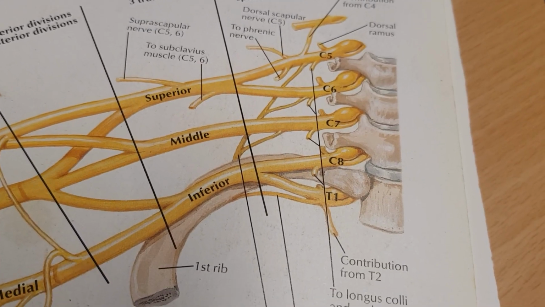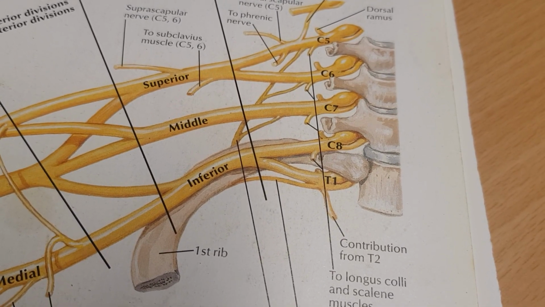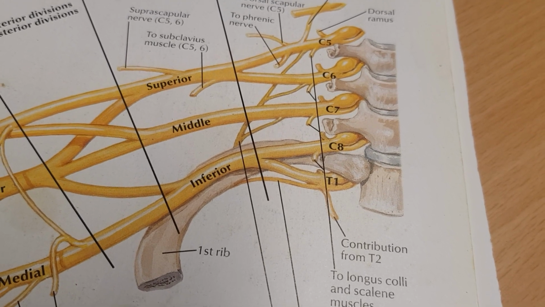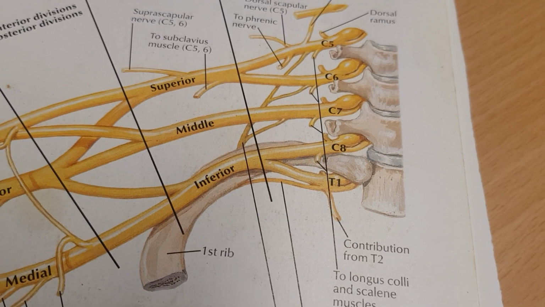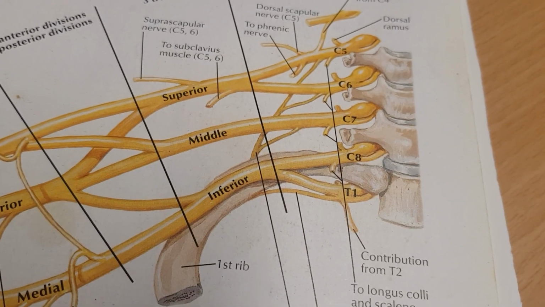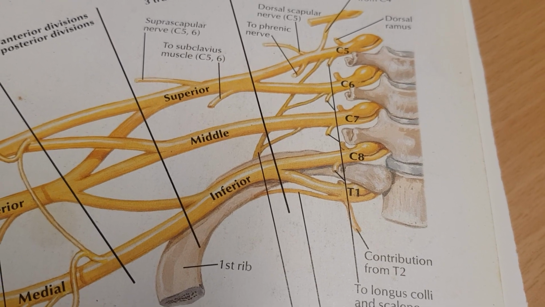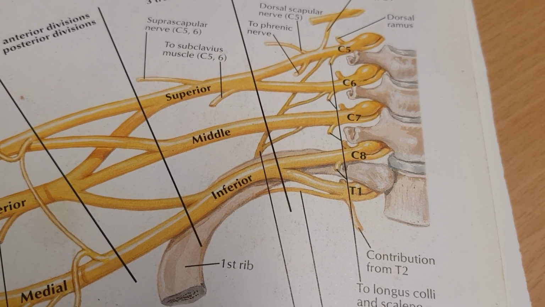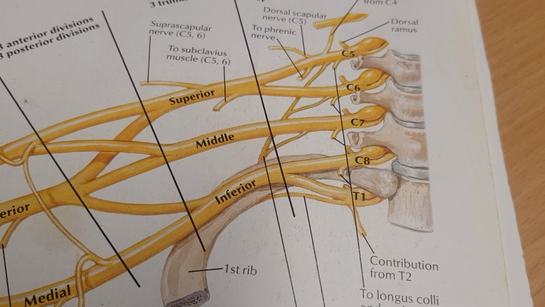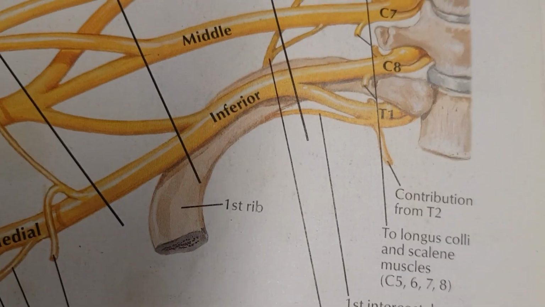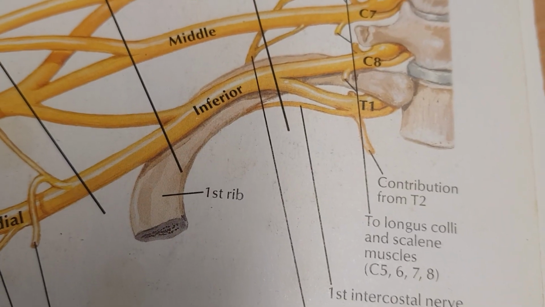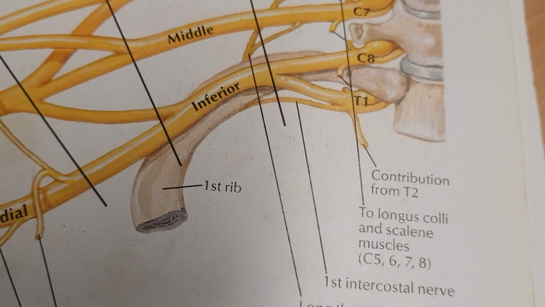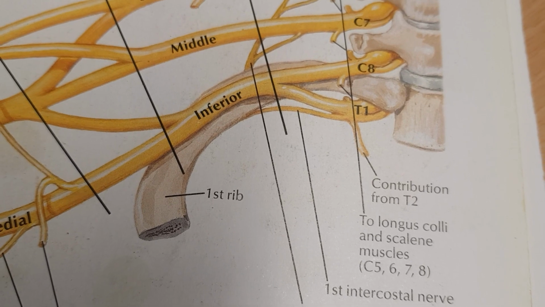If you feel the sternocleidomastoid muscle, that is an obvious muscle at the anterolateral surface of the neck, and then you palpate a little bit laterally, behind the sternocleidomastoid muscle we have 3 muscles called the scalenes: anterior, middle, and posterior.